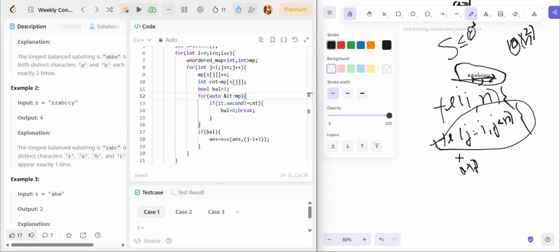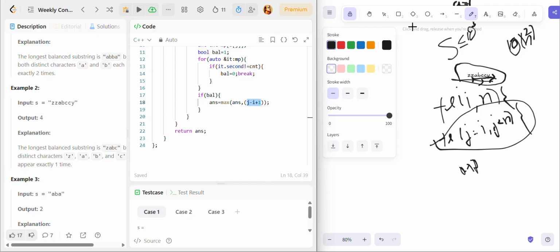If it is not the same, that means it is unbalanced, so we have to move forward to check if it is balanced or not. If it is balanced, then I am updating the answer as the max of answer and j minus i plus 1. That is the length of the substring till which it is balanced. So I am checking each substring.